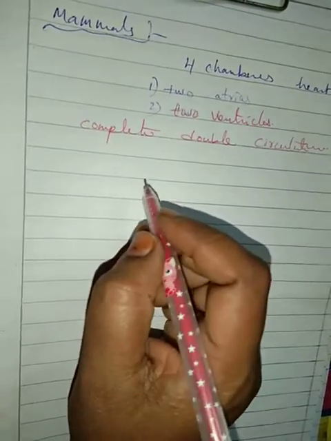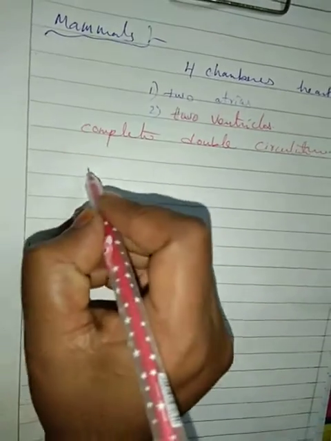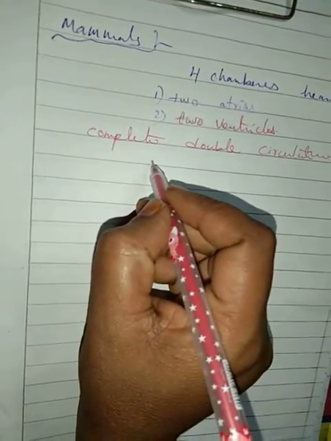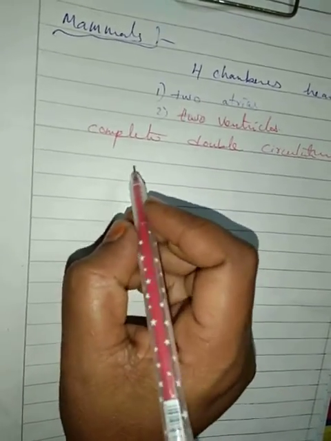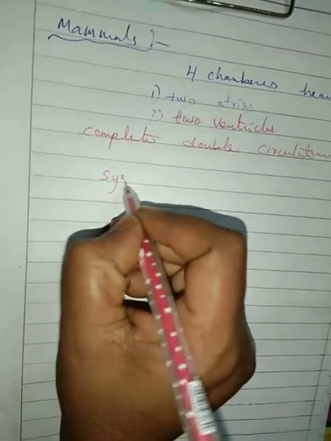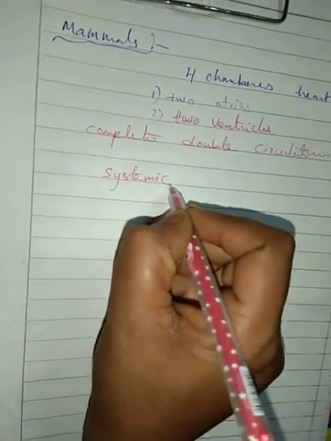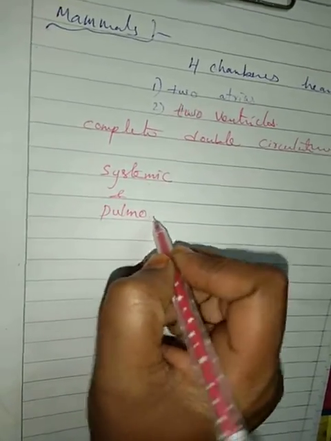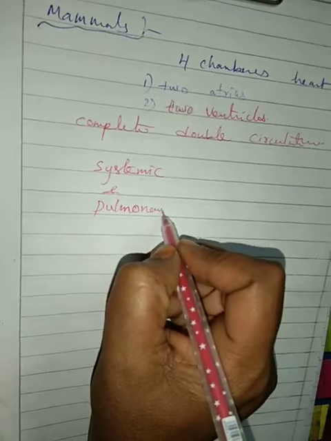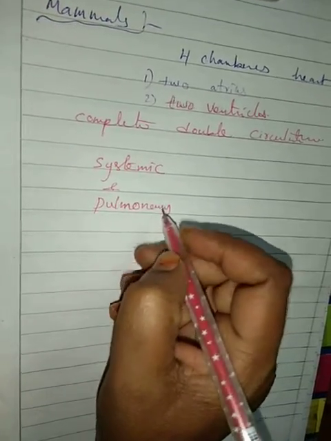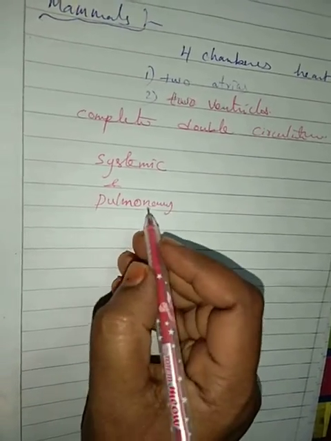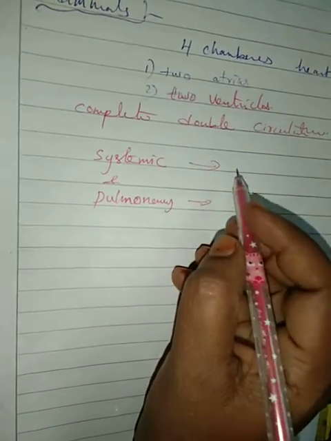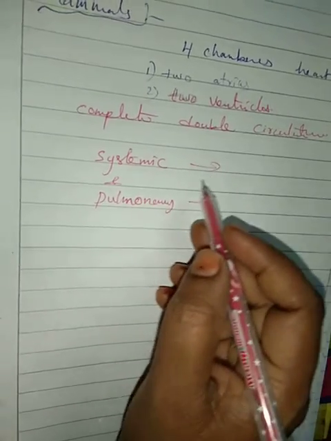The circulatory pathways are mainly systemic and pulmonary circulations. Hence these animals show double circulation.